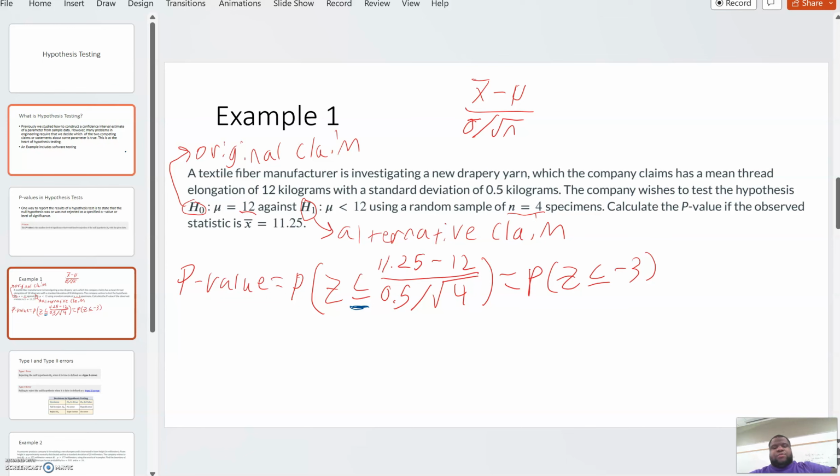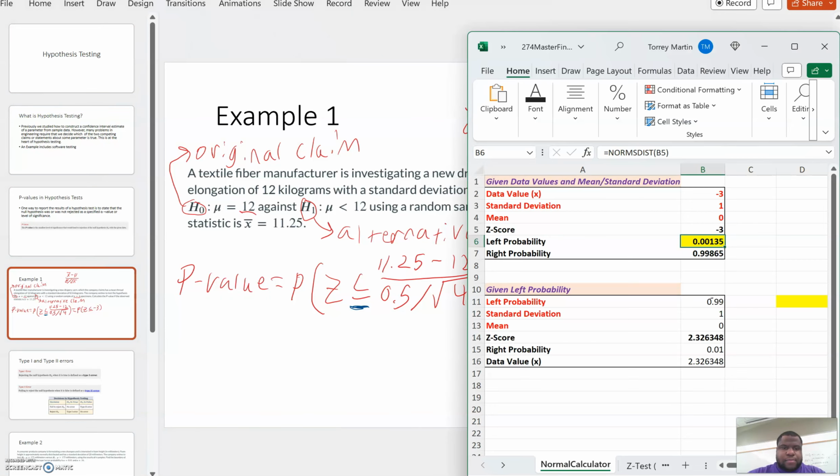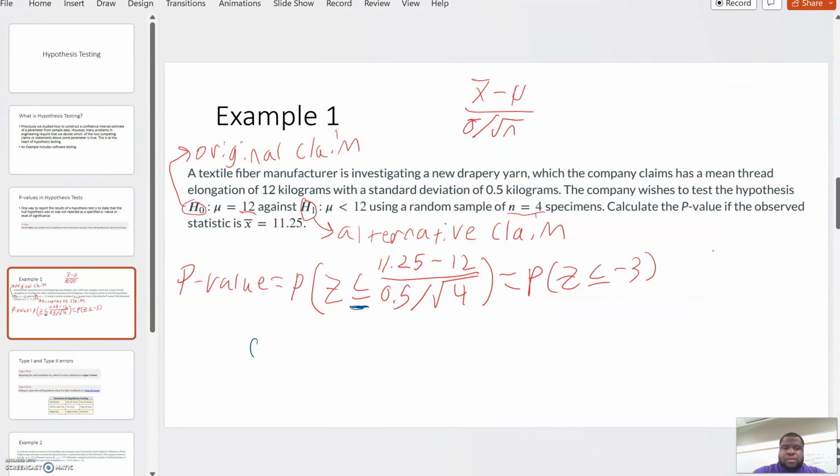Since we're trying to find less than, or to the left, we want that left probability, which in our case is 0.00135. So our probability if the mean is 11.25 would be 0.00135. Okay.